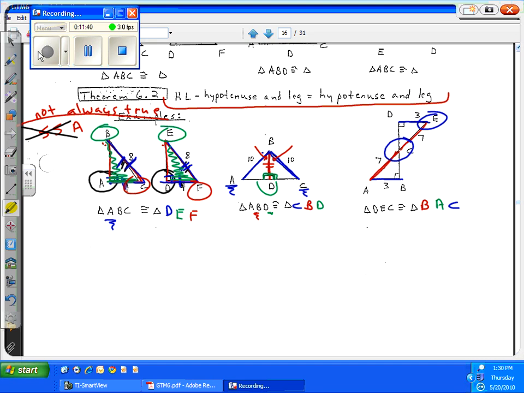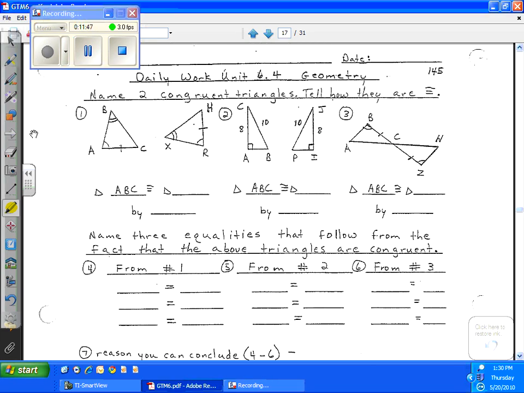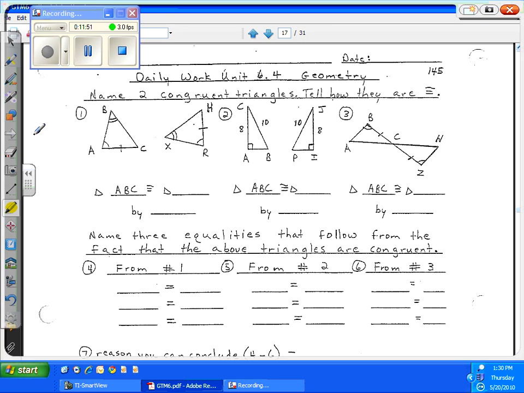Okay, we're going to look at the daily work on this. It says name two congruent triangles, tell how they are congruent. What we have is an angle of one triangle is equal to an angle of another. The very next angle is equal to the very next angle.